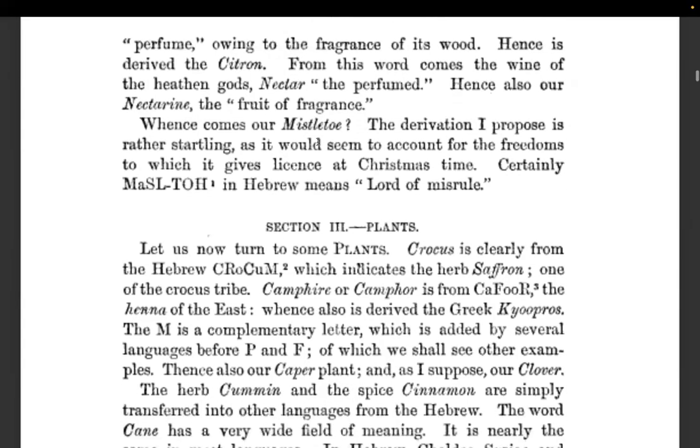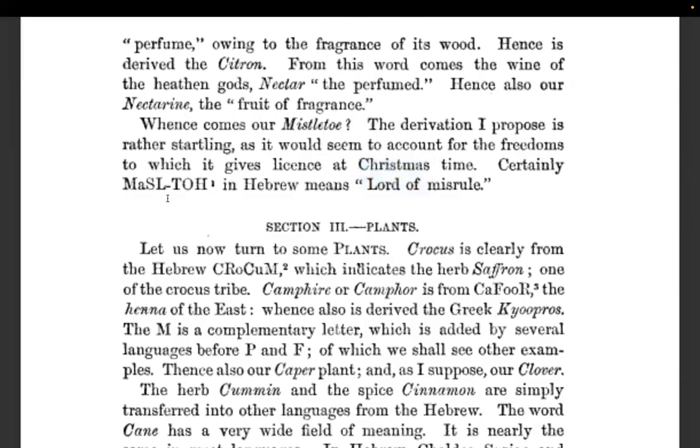Whence comes our mistletoe? The derivation, I suppose, is rather startling, as it would seem to account for the freedoms to which it gives license. And remember, license is permission to do that which is otherwise unlawful, right? But it says it accounts for the freedoms to which it gives license at the wrong time of the year.